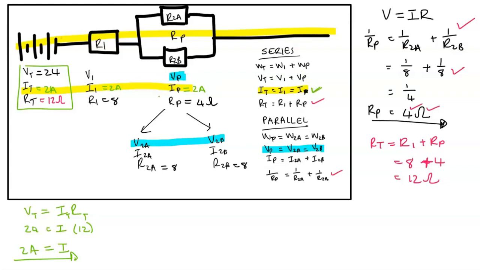Now you will see that we can determine all the rest basically. Let's do R1. I'm going to make that orange. So again, V equals IR. My subscripts are 1, 1, 1. V1 I don't know, I is 2, R is 8, and then I get a value of 16, and the unit here is volts.